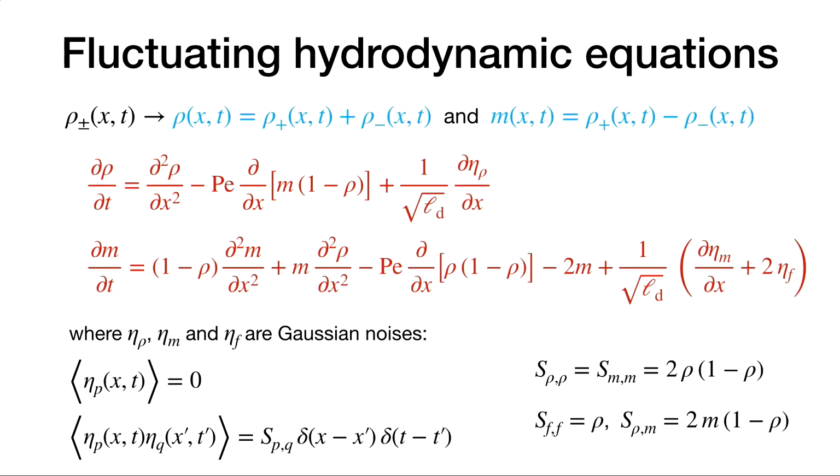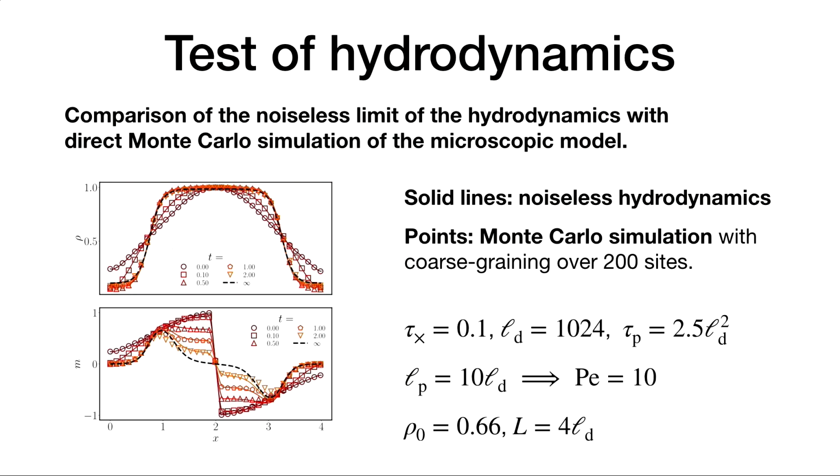These etas are Gaussian noises. Both eta rho and eta m come from the conservative dynamics where the particle doesn't change, so that's why this comes as a derivative. These are conservative noises, and this other noise comes from the tumbling. Now, given this model, you want to see how good your hydrodynamic description is.